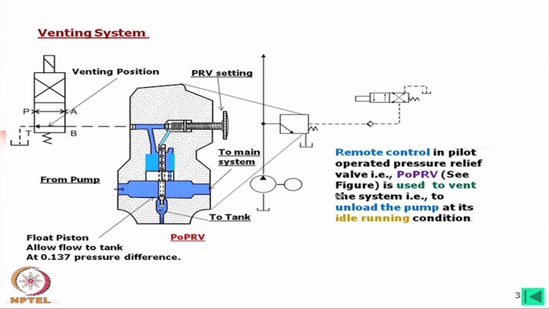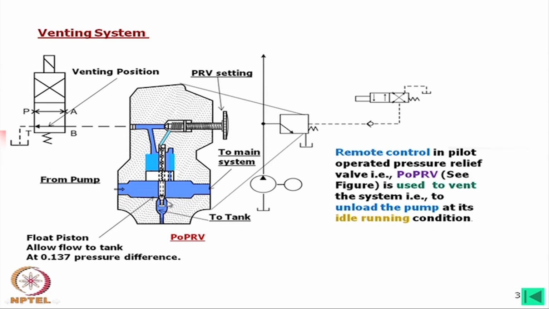Now, first of all, if I compare with the circuit, then in this valve, instead of connecting like this, usually there will be a through passage. That means we can directly put one end of this line here and the other end on the other side. Now, I have written here from pump. So, oil is coming from the pump and it is going through the main system.